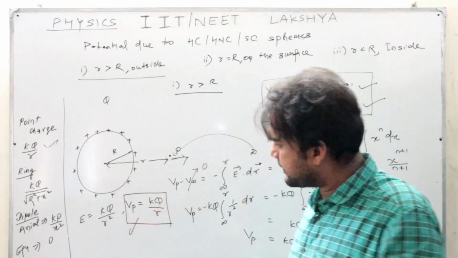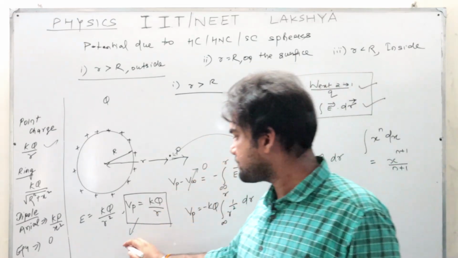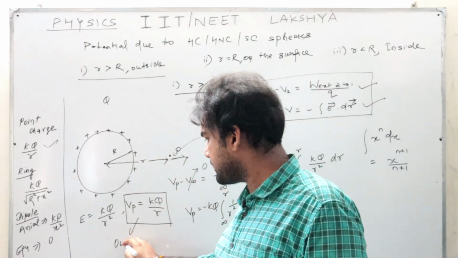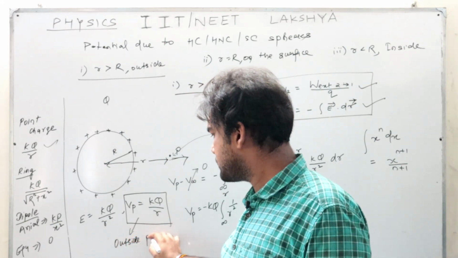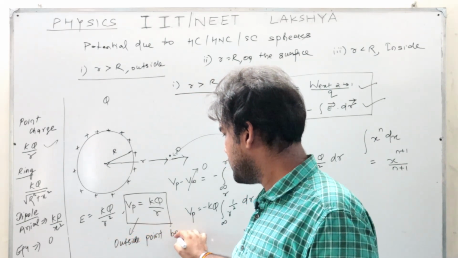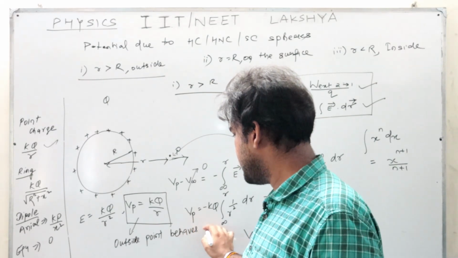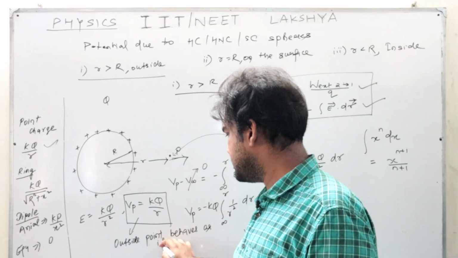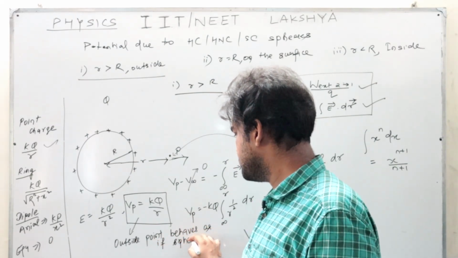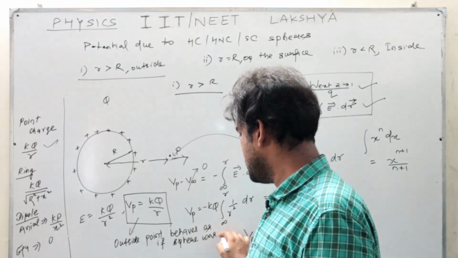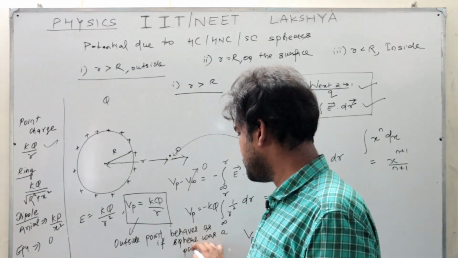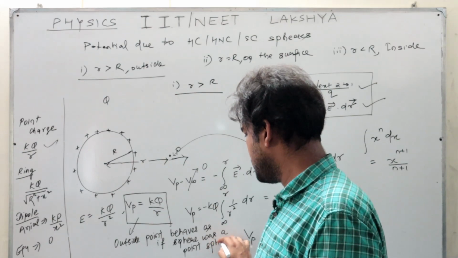So can I write like this? Can I write that the outside point behaves as if the sphere was a point charge. Outside point is behaving as if the sphere was a point charge.